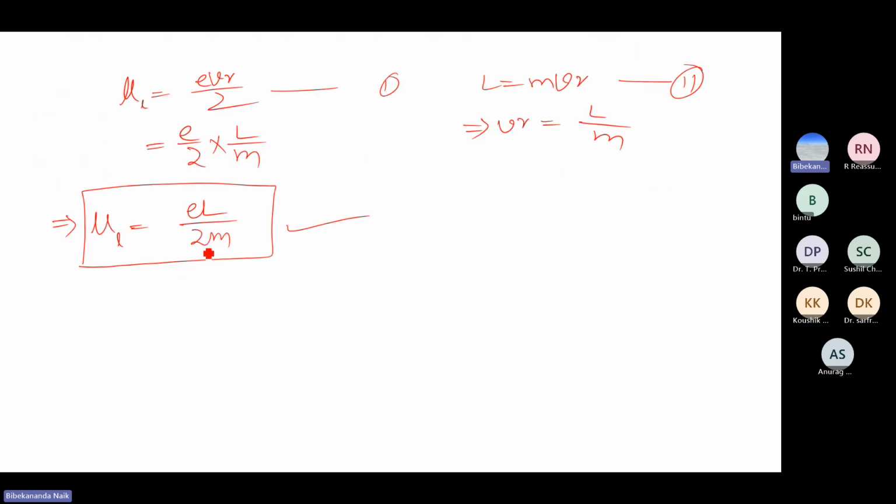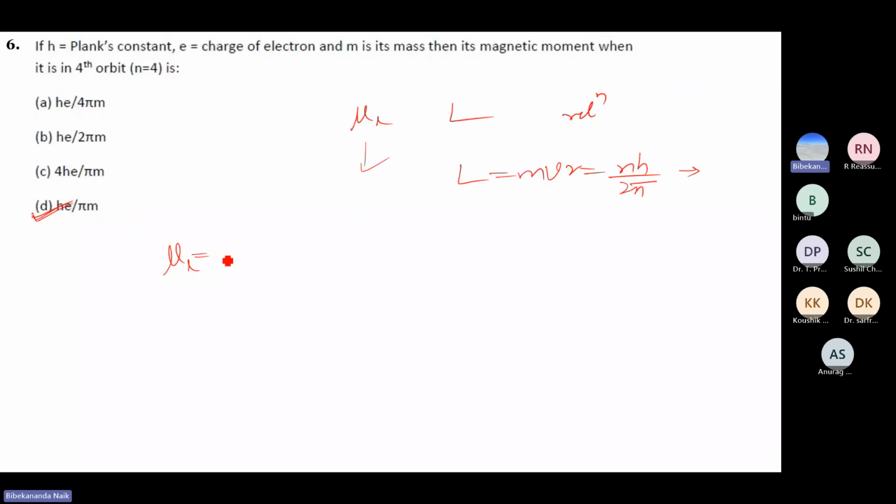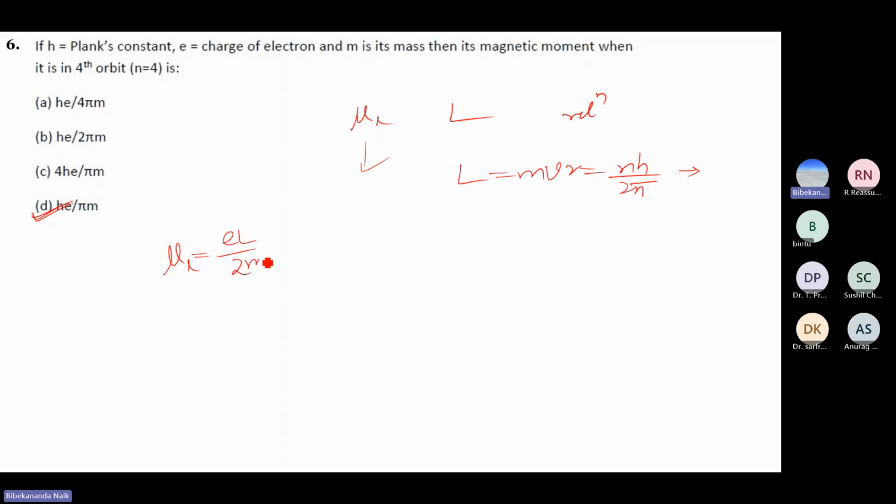So if you put the value of L equals nh by 2 pi, we had the relation mu L equals EL by 2m from the previous question. So for the fourth level, nh by 2 pi for n equals 4 will be 4h by 2 pi, which is 2h by pi.